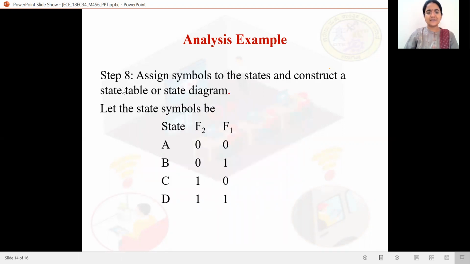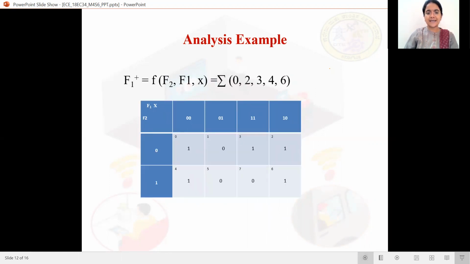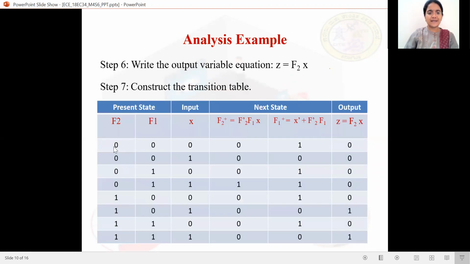And the last step is to assign symbols to the states and construct a state table or state diagram. After writing this transition table, we are assigning the states. Here F1, F2 is 0, 0; for 0, 0 we are assigning one symbol, for 0, 1 one symbol, for 1, 0 one symbol, and for 1, 1 another symbol.